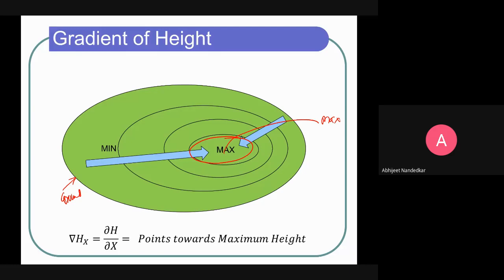So minimum and maximum. Now if I draw or join all the equi-height points, this becomes the locus of that particular point for that particular height.